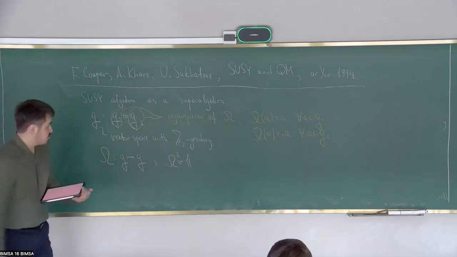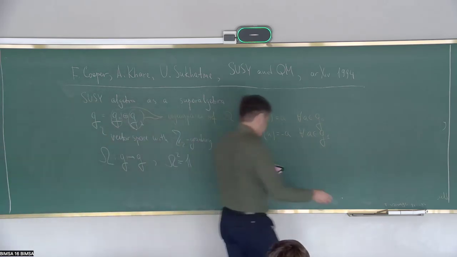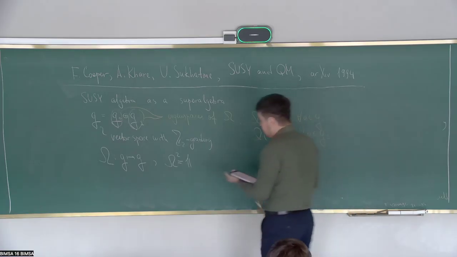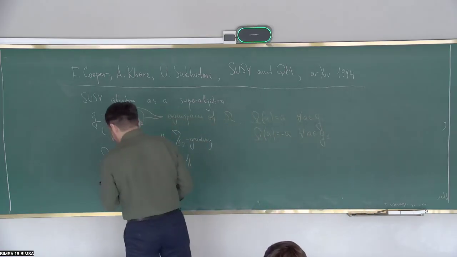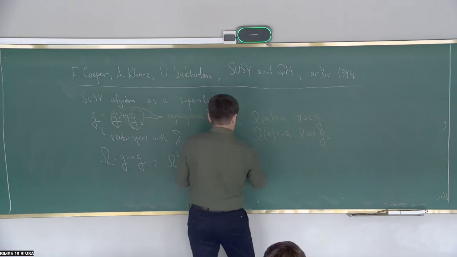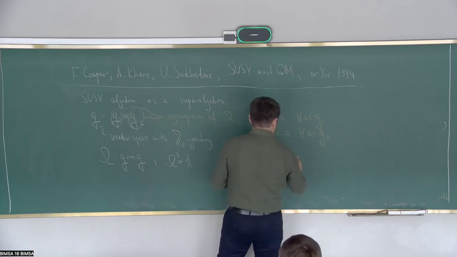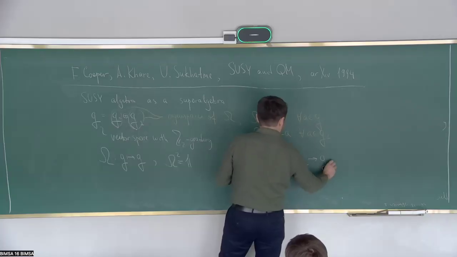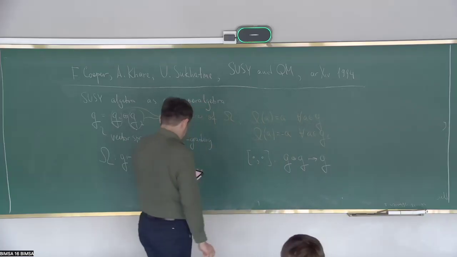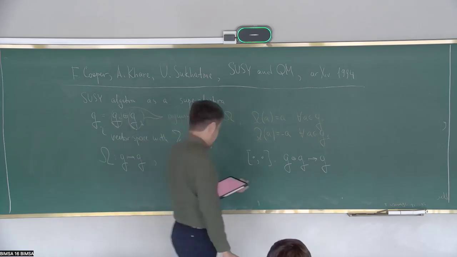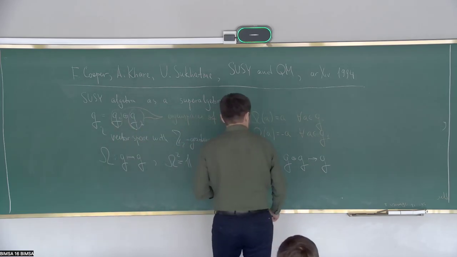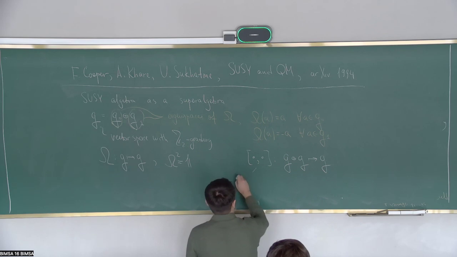And this vector space is, of course, an algebra, so it's endowed with some product, the product on G, with certain properties. So first of all, it respects the grading.